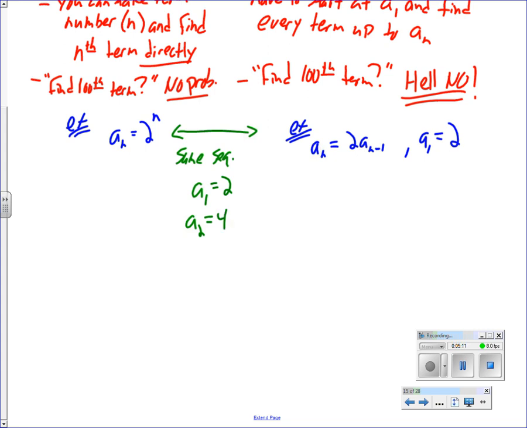With my recursion equation, I take the previous term 2, multiply by 2, and get 4. My third term in both would be 8, and the fourth term would be 16, etc. So it's the same sequence, just two different ways of writing it: the explicit form and the recursive form.